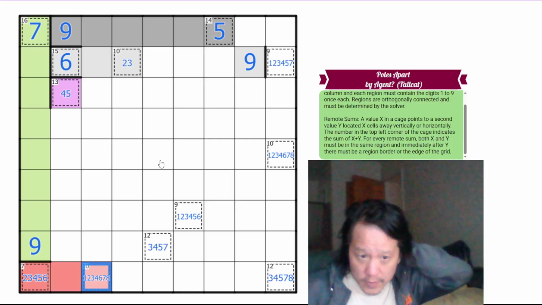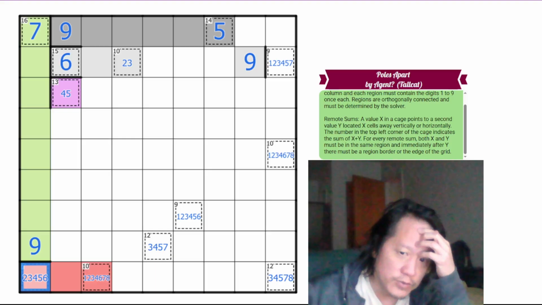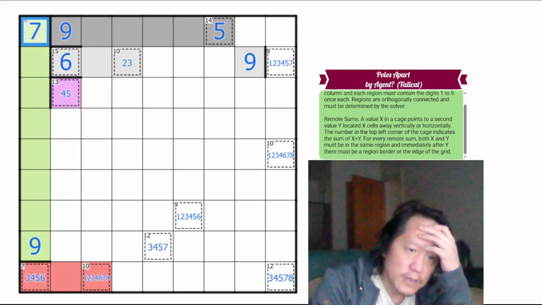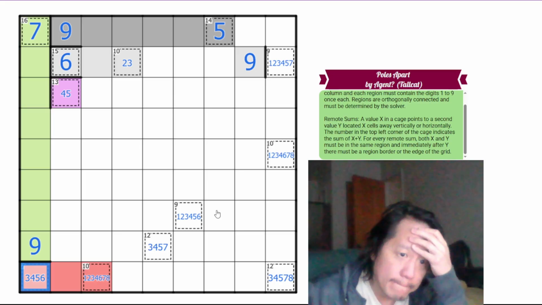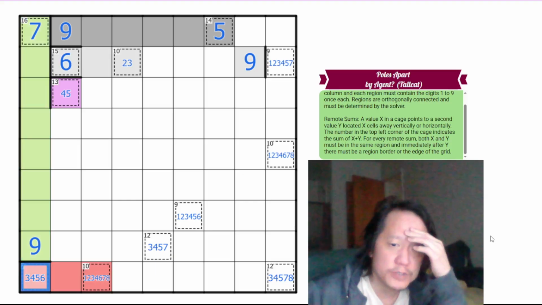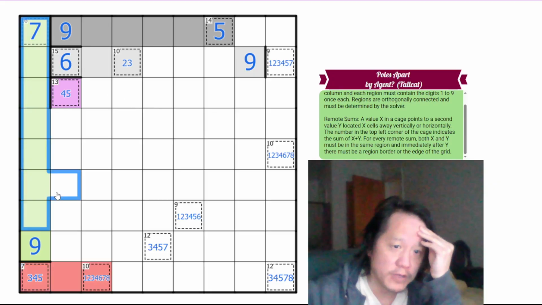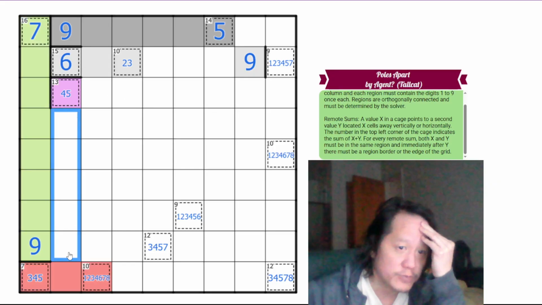Okay. So if this is 2 away, this would have to be 5, so this can't be 2 away. We know green needs a 6, so this can't be 6 then, because the green only has 1 more cell, and it's somewhere in column 2.